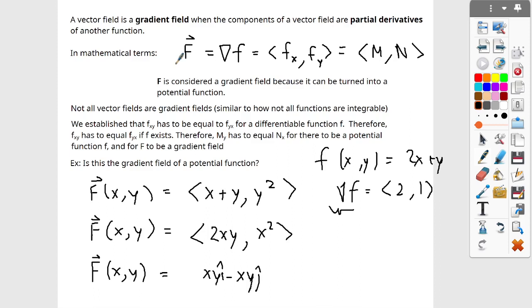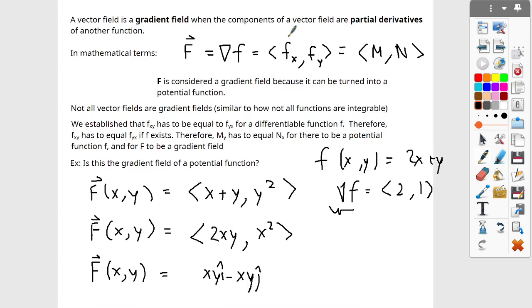So f is a gradient field when the x component of f is the partial derivative with respect to x of a potential function.